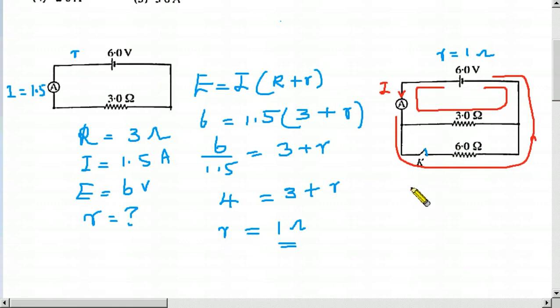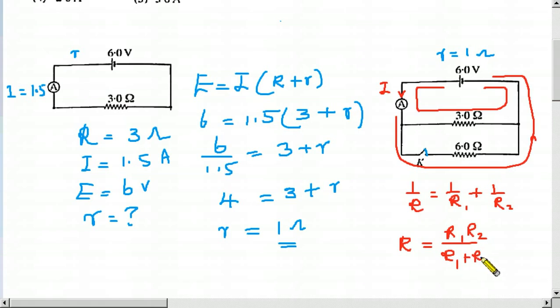If they are parallel, what is the equation? You can use 1 over R equals 1 over R1 plus 1 over R2, or otherwise you can directly get the equivalent resistance as multiplication by sum, that means R1 R2 divided by R1 plus R2.